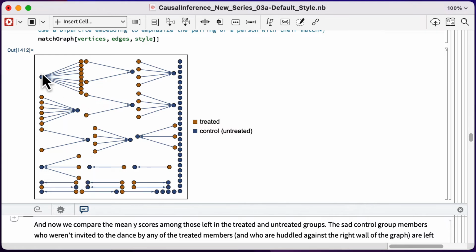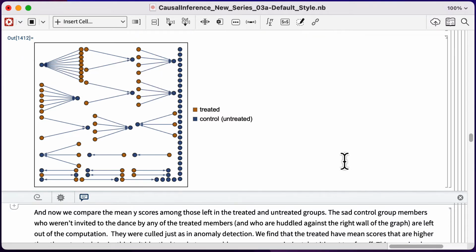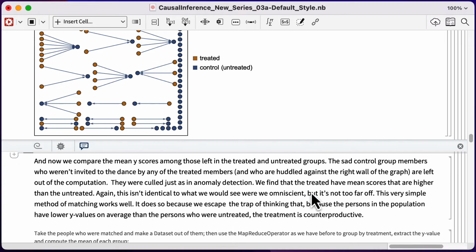If one of these people, let's suppose this person, happens to have an anomalous Y value, it just happened that they had a very high good outcome, that's going to throw off our data because there are just so many people attached to it. But at least these people are pretty similar to those people. And so this is the idea of matching, that you want to have only people that are similar to each other in the control and treatment group.